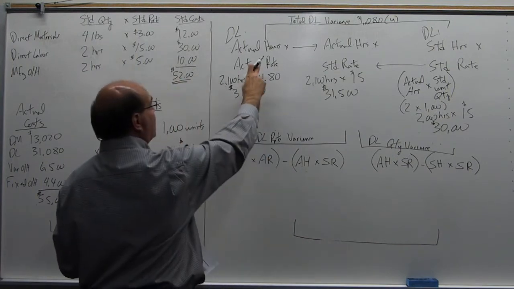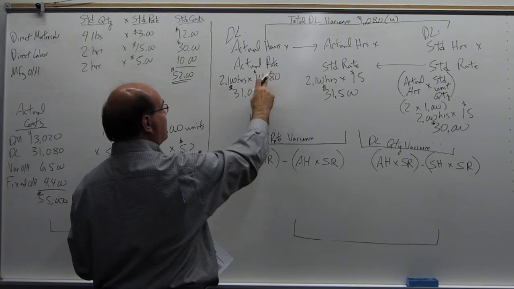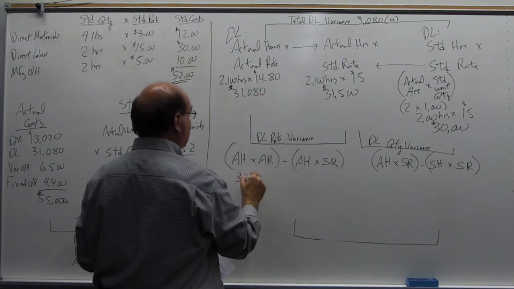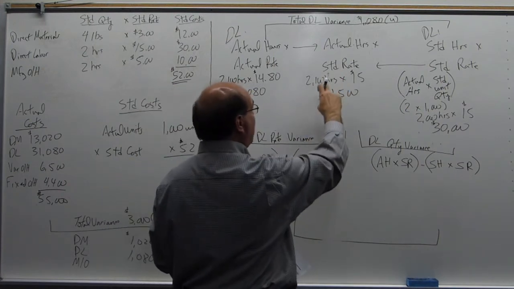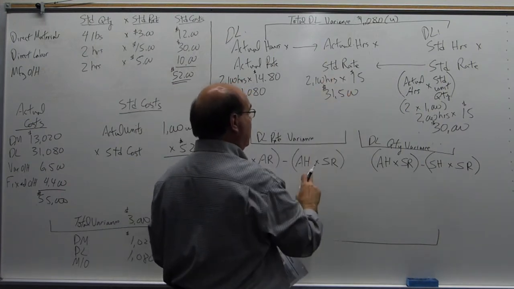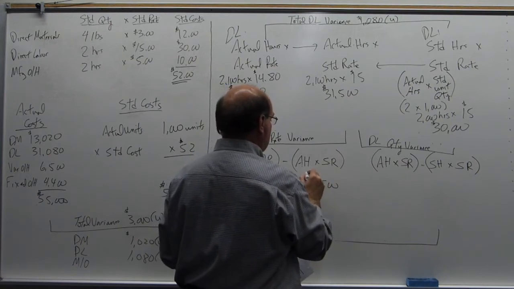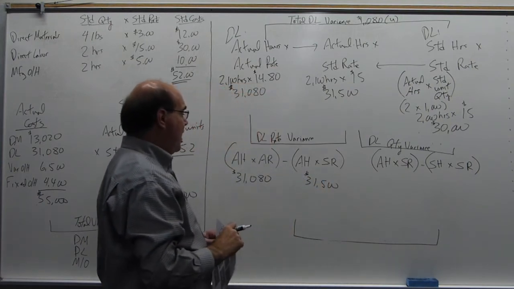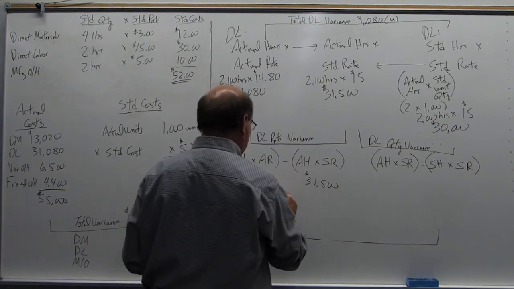So my actual hours of 2,100 hours times my actual rate of $14.80 gives me a cost of $31,080. My actual hours of 2,100 times my standard rate of 15, which is this formula, gives me 31,500. So I look at that and I'm going, oh, is that favorable or unfavorable? The difference is 420.